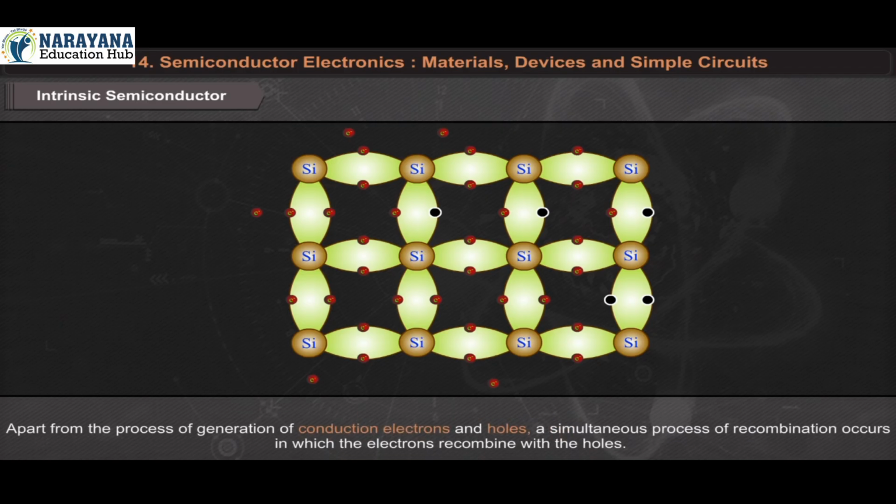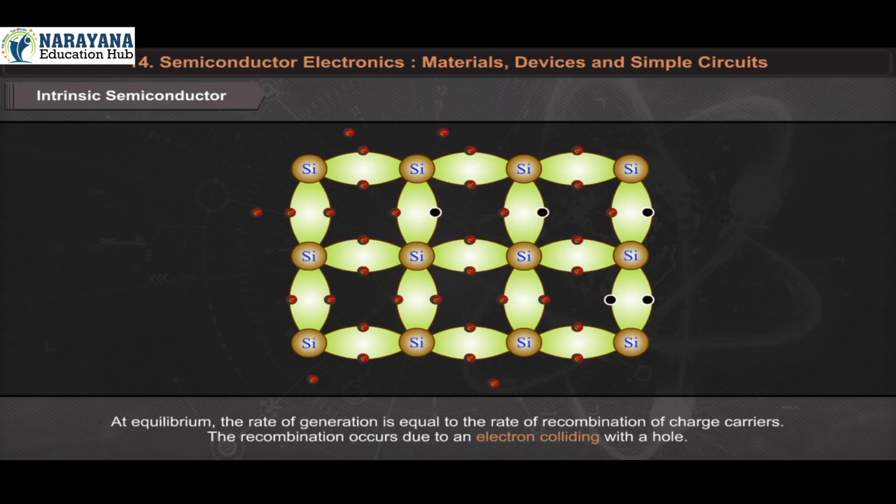Equation 2. Apart from the process of generation of conduction electrons and holes, a simultaneous process of recombination occurs in which the electrons recombine with the holes. At equilibrium, the rate of generation is equal to the rate of recombination of charge carriers.